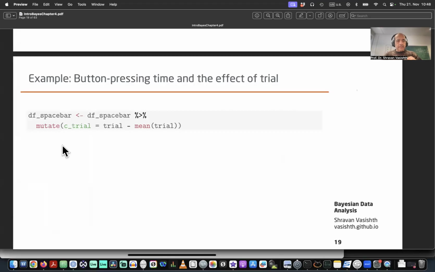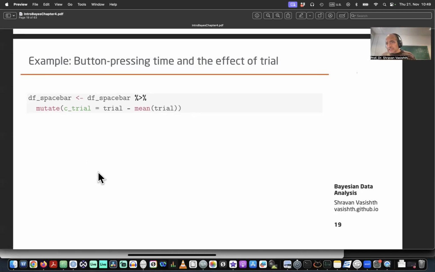Centering simply means that you subtract from each element in the trial column the mean of the trial. So you get a continuous value for this centered trial predictor. This has the advantage that the intercept now has a meaningful interpretation. It represents the predicted button pressing time when you have an average trial ID.